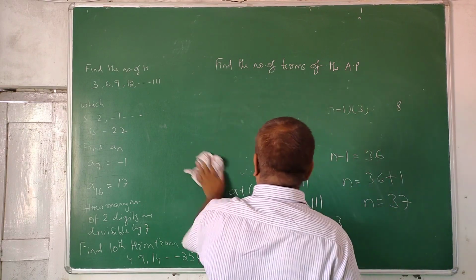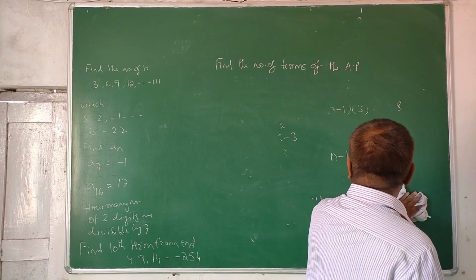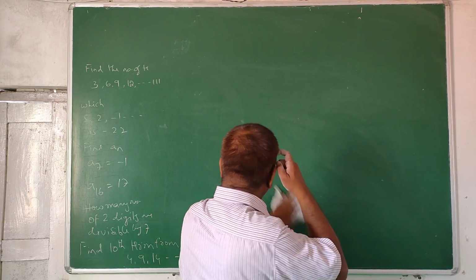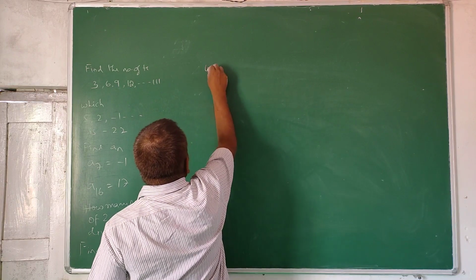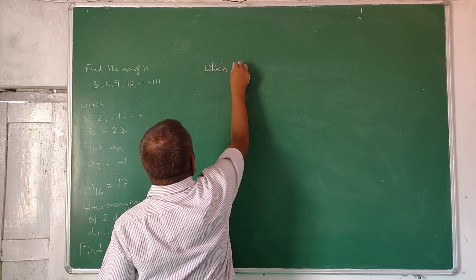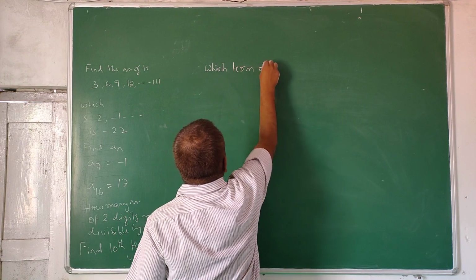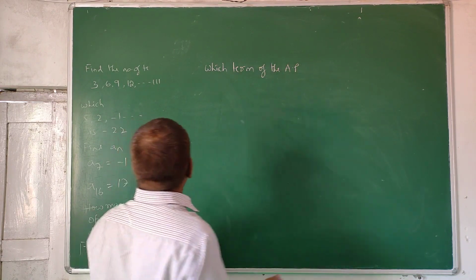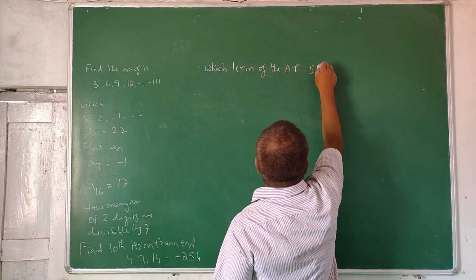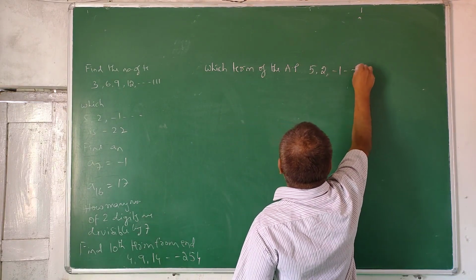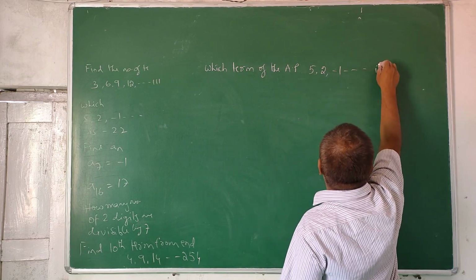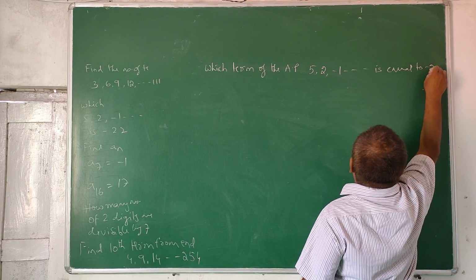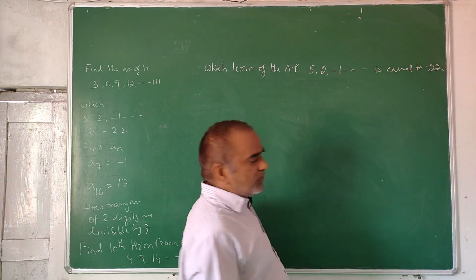The next question is: which term of the AP 5, 2, minus 1 and so on is equal to minus 22?